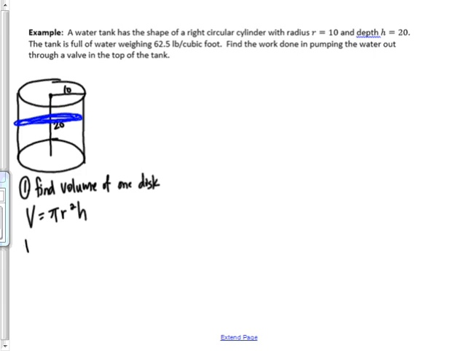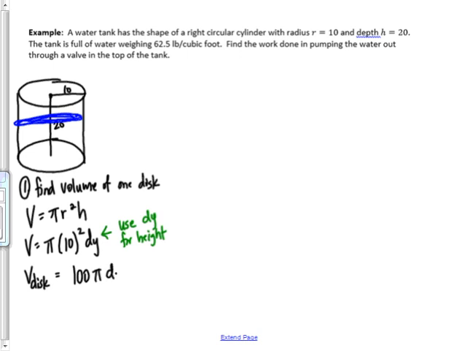Plugging in, it's pi times 10 squared, and you use dy for the height, because that changes depending on where the slice is. So the volume of the slice is 100 pi dy. That's the first thing you need to do.